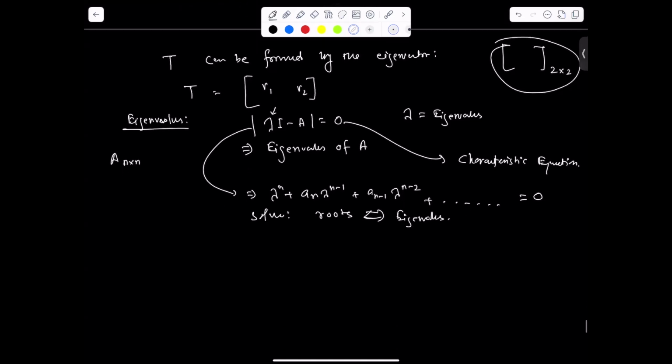Okay. Now, if you have the eigenvalues, and if you have the A matrix, which is here, then we can easily find the corresponding eigenvectors.